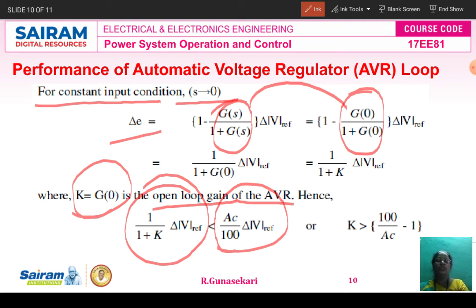So 1 divided by 1 plus K del V reference is less than AC divided by 100 into del V reference. On both sides, del V reference cancels. Finally we are getting 1 divided by 1 plus K less than AC divided by 100. From this formula, K is greater than 100 divided by AC minus 1.